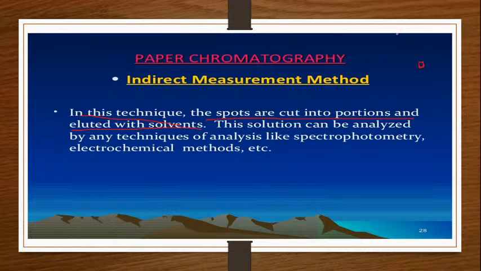Suppose this is the chromatogram. This is called a recovery in case of chromatography. Suppose this is your spot, just cut that portion of the spot, and carry out its recovery by dissolving it into a suitable solvent.